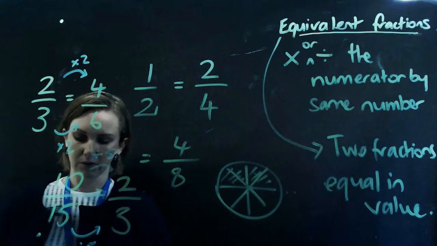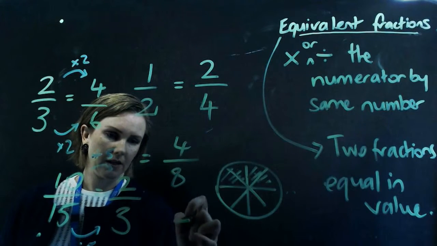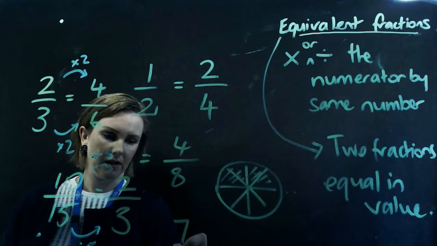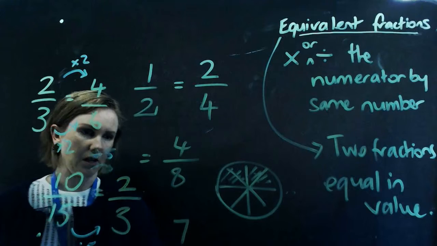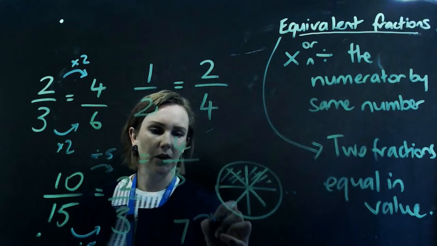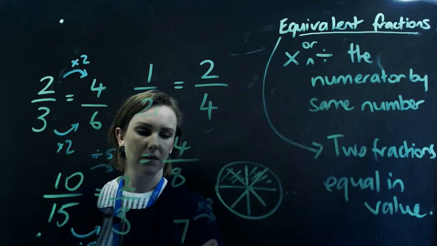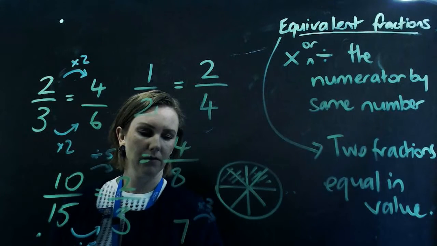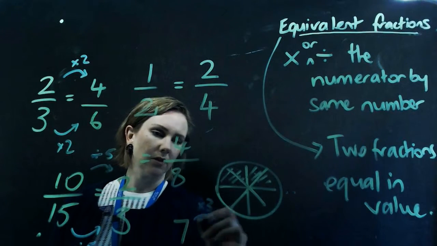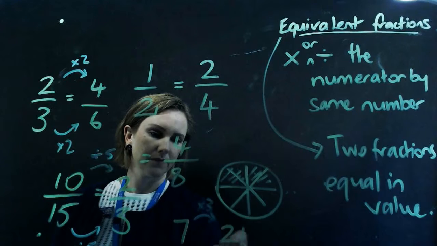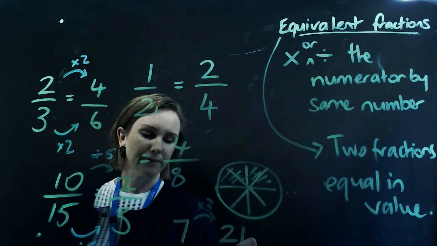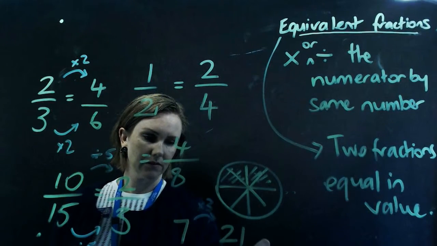One more example. Let's go 7/9. If I was to times by 3, just as an example, 3 times 7 is 21, and 9 times 3 is 27.